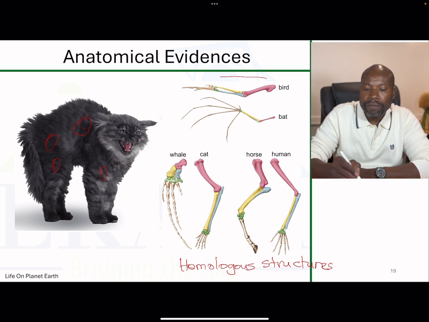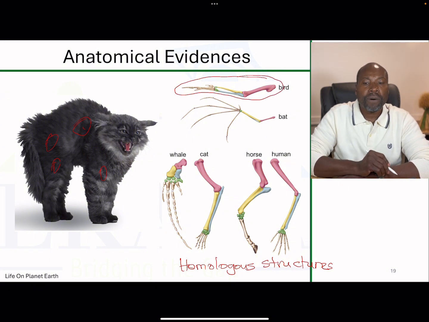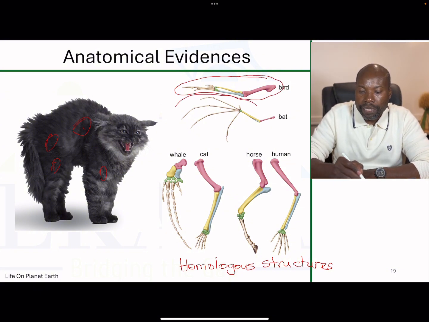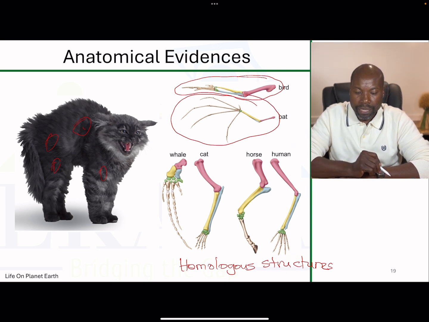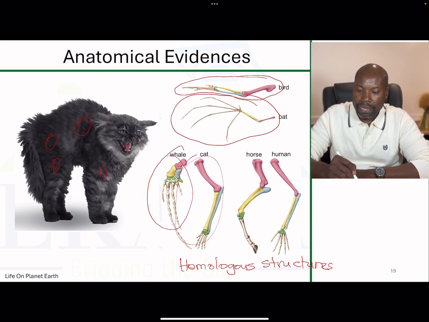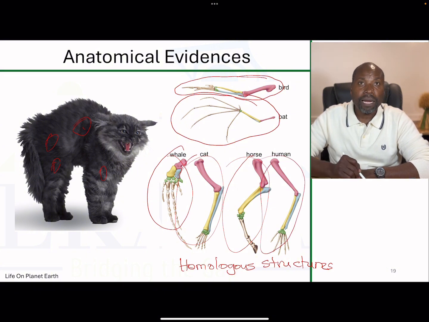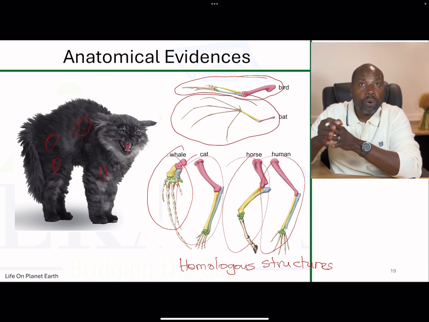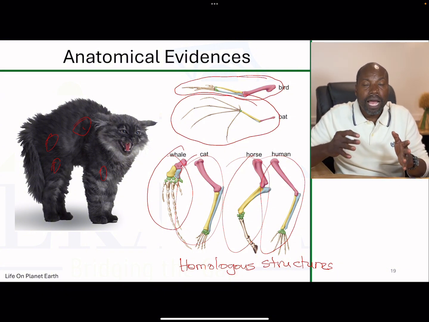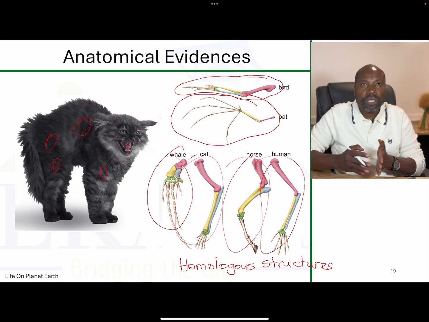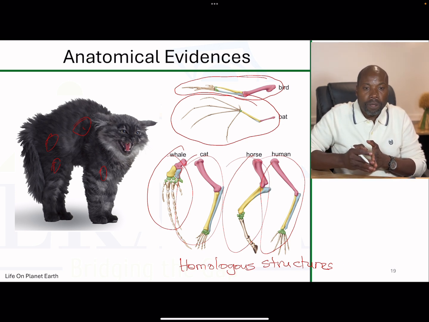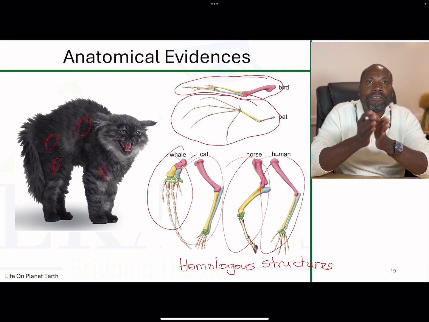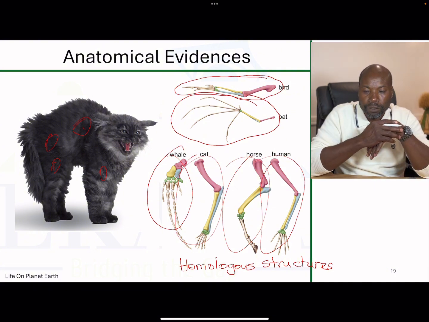So here we have the bones that you find in bird wings, bones that you find in a bat wing, in a whale, in a cat, in a horse, in a human. There is a conservation of the type of bones in terms of their origin, right? So homologous structures, when we do comparative anatomy, are the structures that have the same origin historically, but over a long period of time, they evolve into different functions.